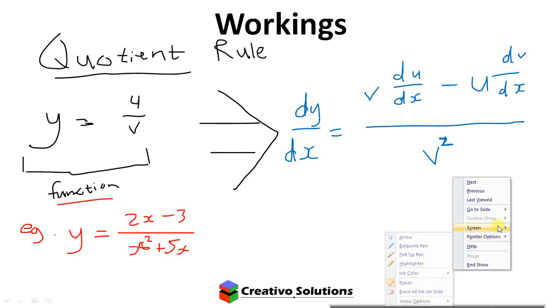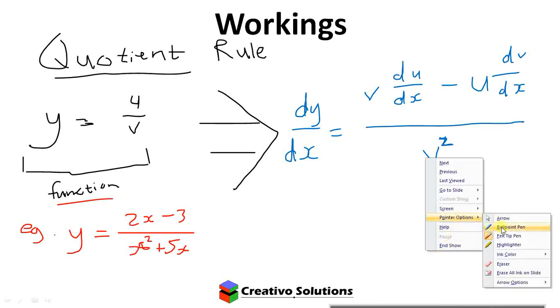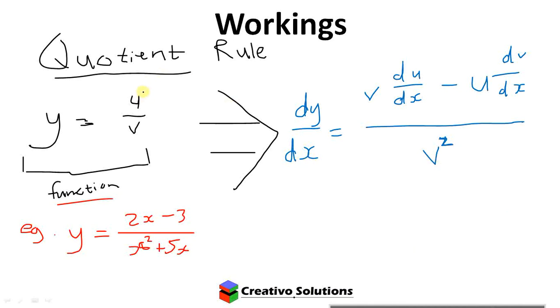Let's see, what is my v and my u in this question? What is u? The numerator. So u is 2x minus 3. What is v in this question? The denominator. Does that make sense?